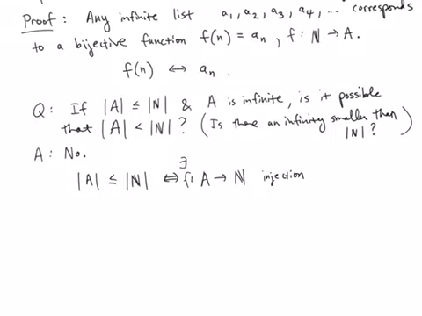In this case, that happens if and only if A is in bijective correspondence with a subset of N, that is, with the image of A, which is a subset of the natural numbers.